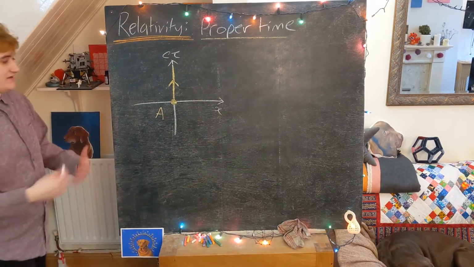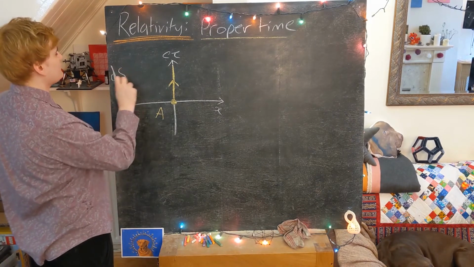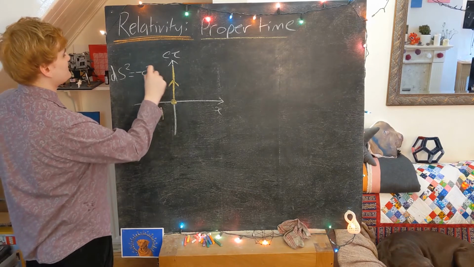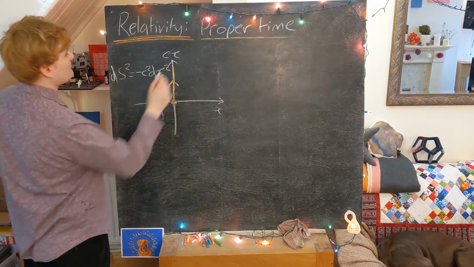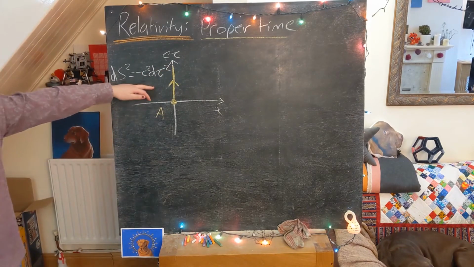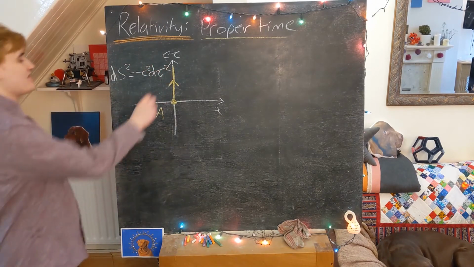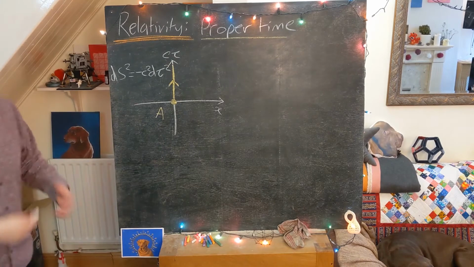So we could look at defining distances in our own frame, and we concluded that the line element has this fairly simple form, minus c squared d tau squared, and that line element is essentially just measuring the length of this world line.